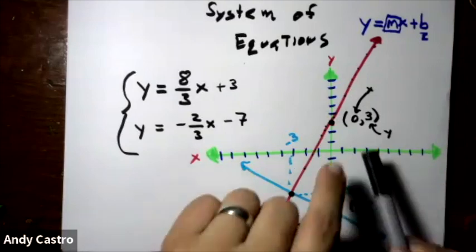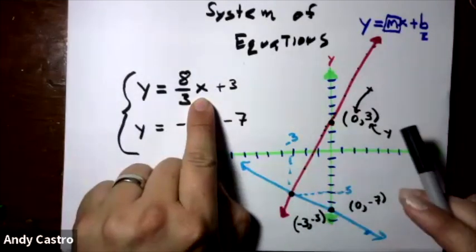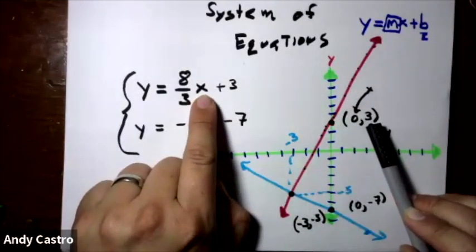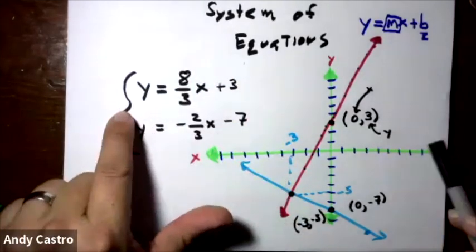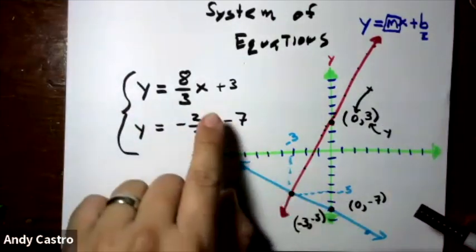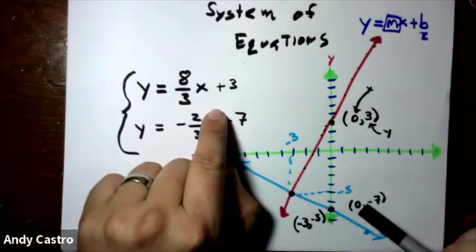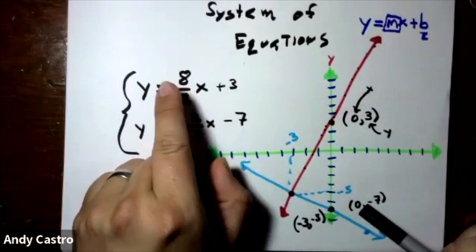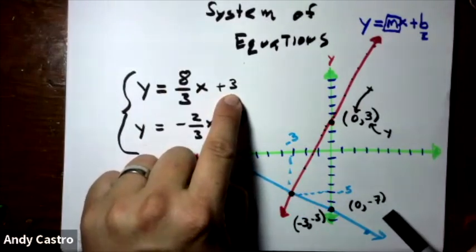If I took the 0 here for x and plug that in, I get 3 for y, which makes sense. I plug in 0 for x, that goes to 0, I add 3, my y is 3. But if I take this point down here and try to plug it into this first equation, if I plug in 0 for x, my y is 3, my y is not -7.